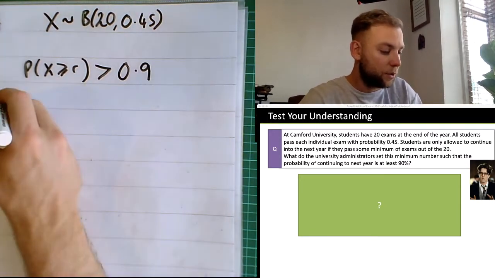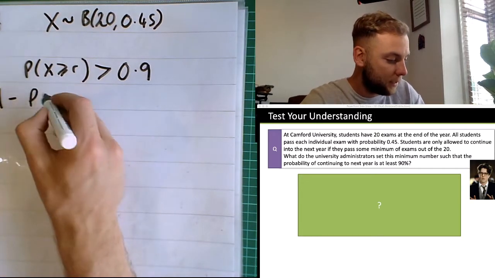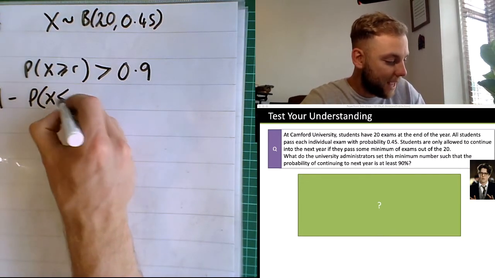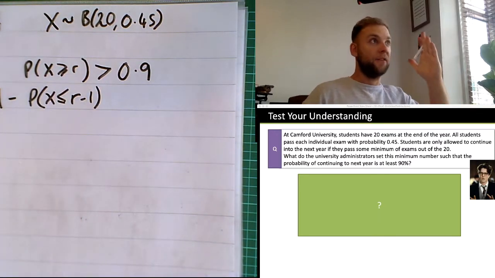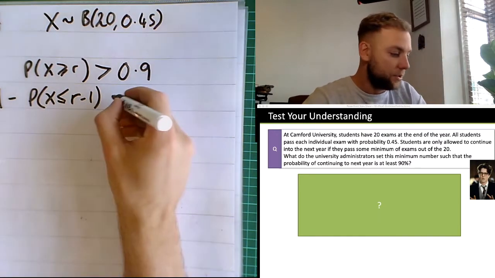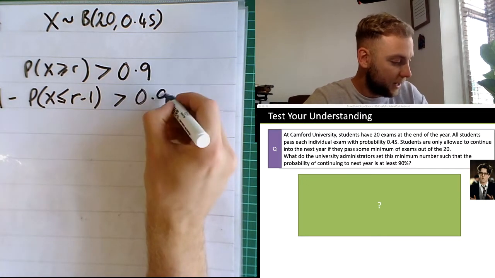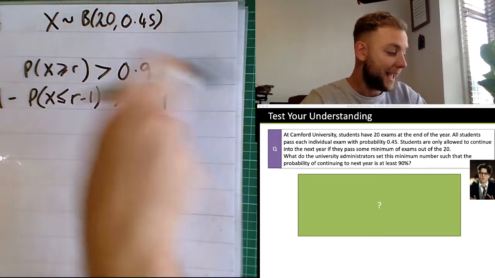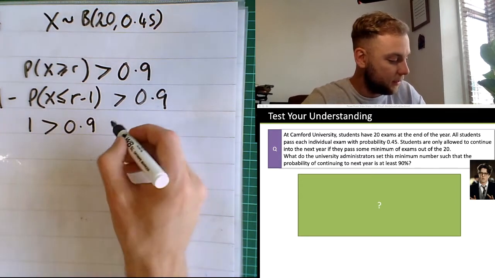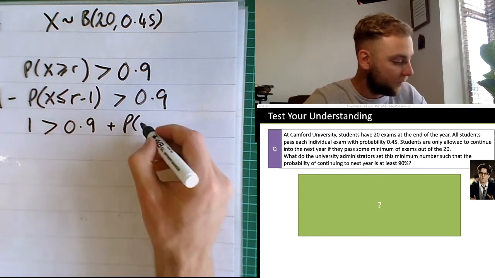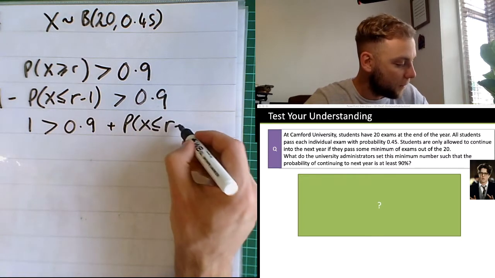Okay. So the first thing I'm going to do, I know that I can't deal with greater than, so I'm going to do 1 minus the probability that X is less than or equal to r minus 1. Remember, it's going to be everything which is less than the one which is bigger than it, which is greater than 0.9. I'm going to take this over, so 1 is greater than 0.9 plus the probability of X being less than or equal to r minus 1.